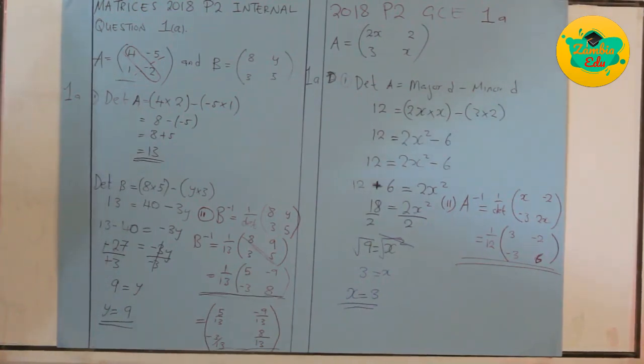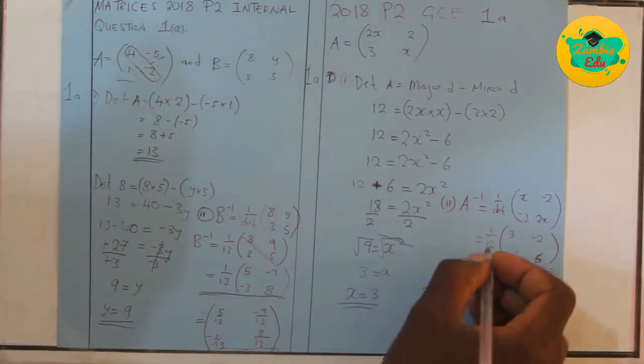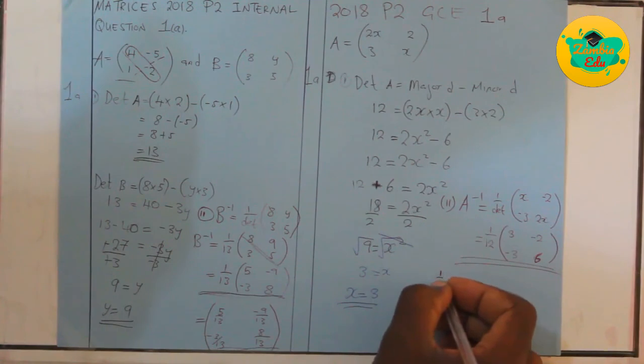However, like we've been doing with the rest of the questions, we can take it further to complete it. To do that, we multiply 1 over 12 times 3. You can show it in this way.